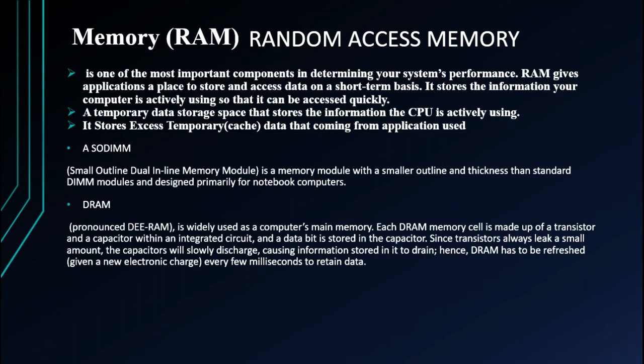Okay, so in memory, we have two types. We have SODIMM and DRAM. SODIMM, to make things short, is a memory that is used exclusively for notebooks only. Ang mga SODIMM nga dya is compact type nga mga RAM.